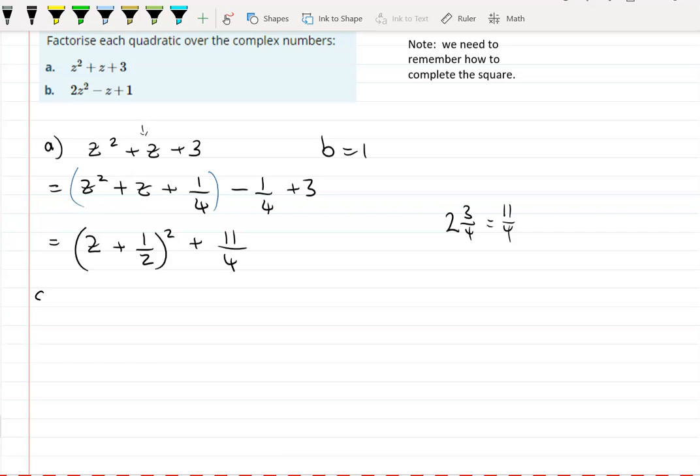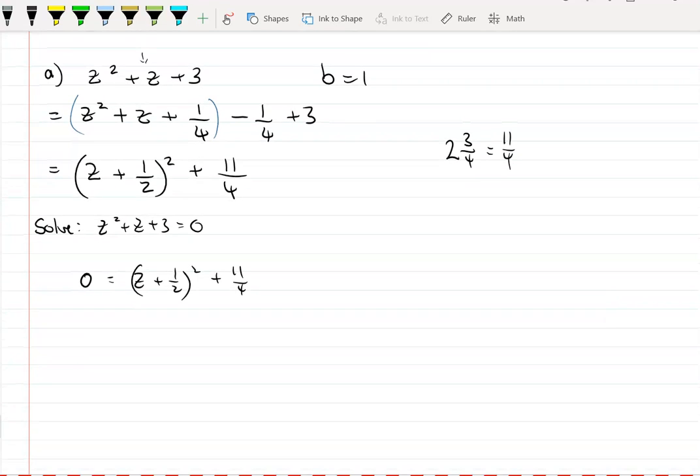Okay, so if I want to solve it, I want to let the z squared plus z plus 3 equal 0. So I've got 0 equals z plus a half squared plus 11 on 4. So minus 11 on 4 is my first thing that I do, equals z plus a half squared. Then I take the square root of both sides.